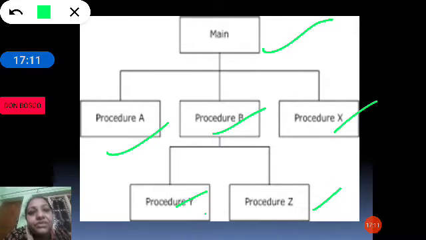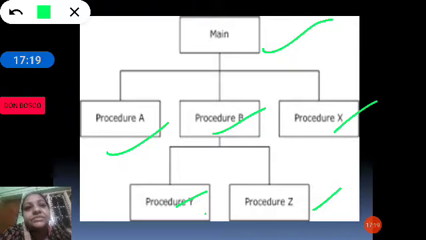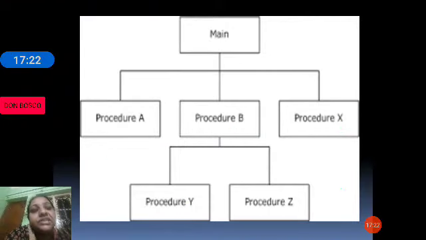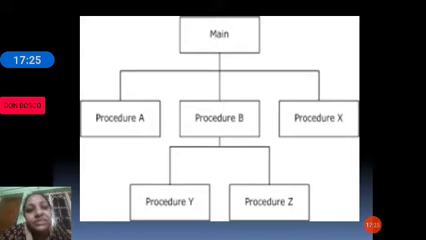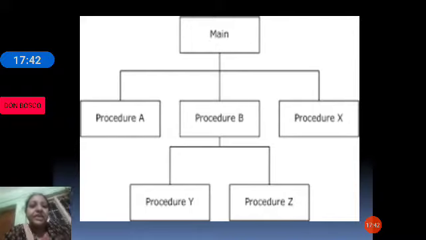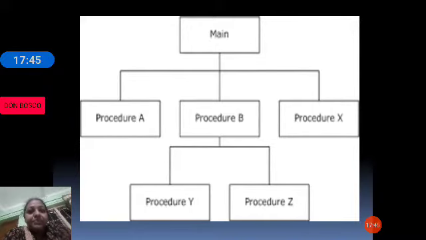There are n number of procedures: procedure A, procedure B, procedure X, Y and Z. Here the task is divided and each procedure will do one specific task, whereas in unstructured programming, everything is done by the main program. So there is one main program and there can be many procedures.